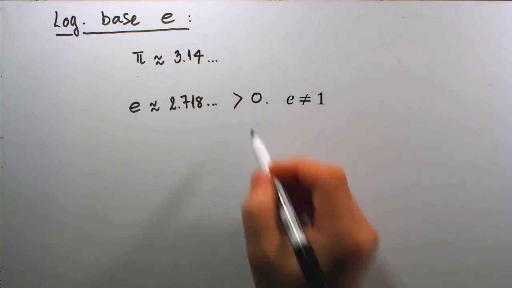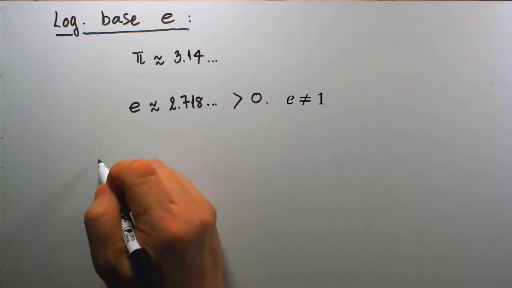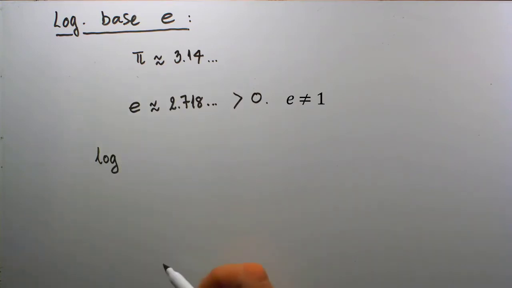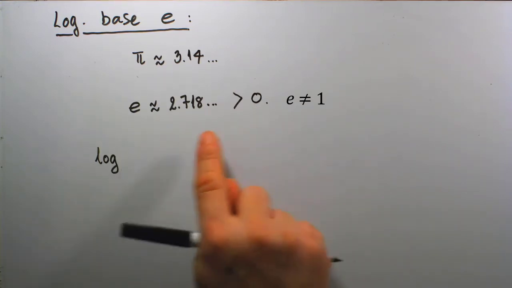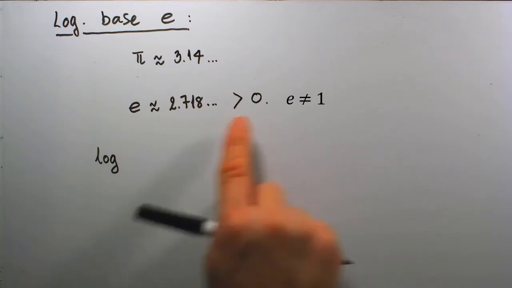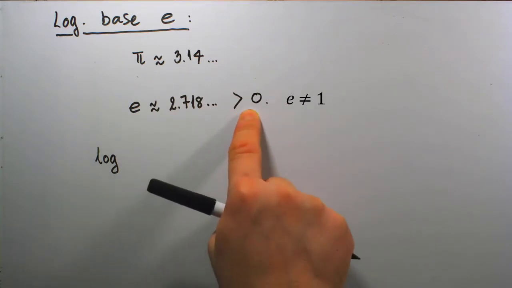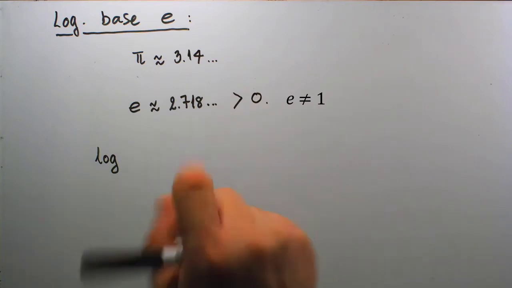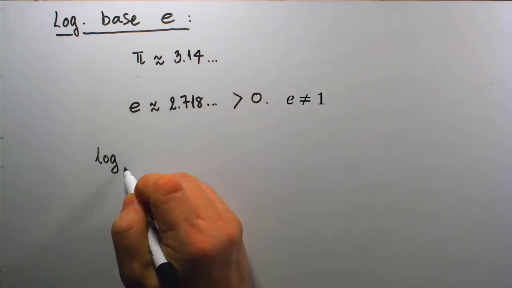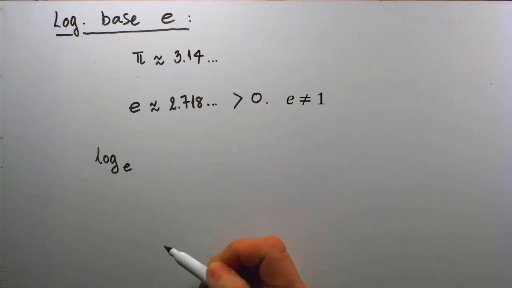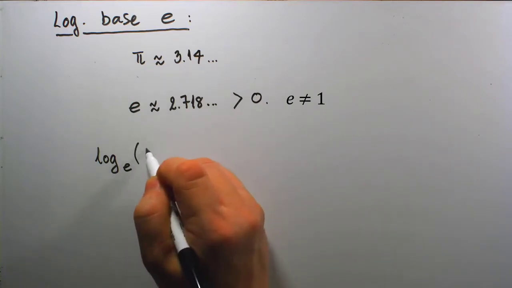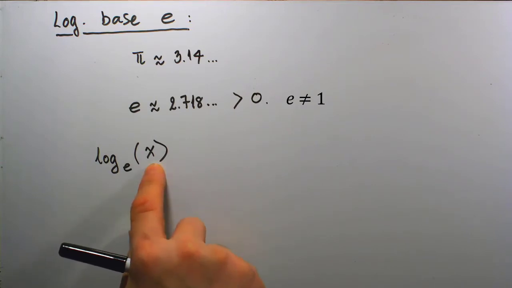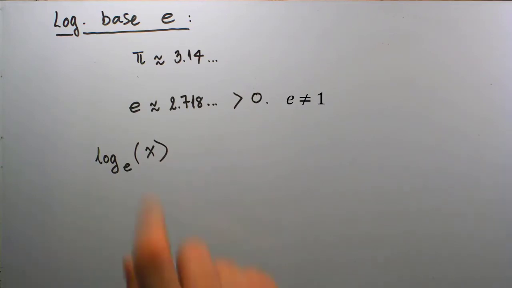And so it is completely possible to define a logarithm, because as we have seen earlier in this video, as long as we have a positive value other than 1, and it doesn't even have to be a whole number, then we can define a logarithm. So we can take log base e of a number, let's say log base e of a value x, or of a variable x.